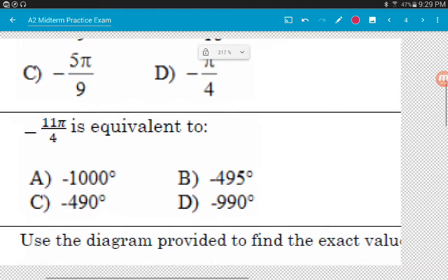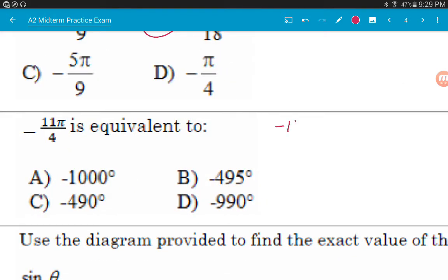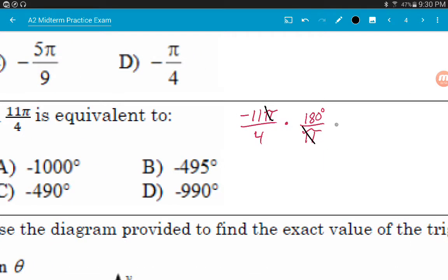21. Negative 11 pi over 4. I'm going to multiply this by 180 degrees over pi, because what I want to happen is the pi's to cancel out. So negative 11 times 180 over 4.